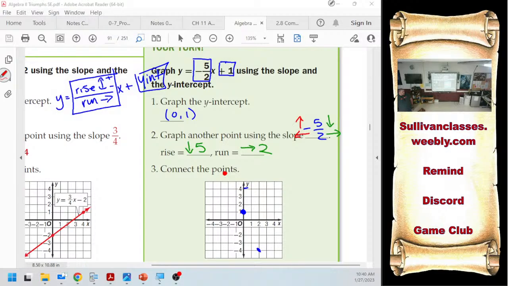It is considered customary to have 3 or more points to make a line, because that way they should all line up and I won't wiggle it a little bit and see that I'm off. Connect the dots. And that is so much faster than graphing by table.